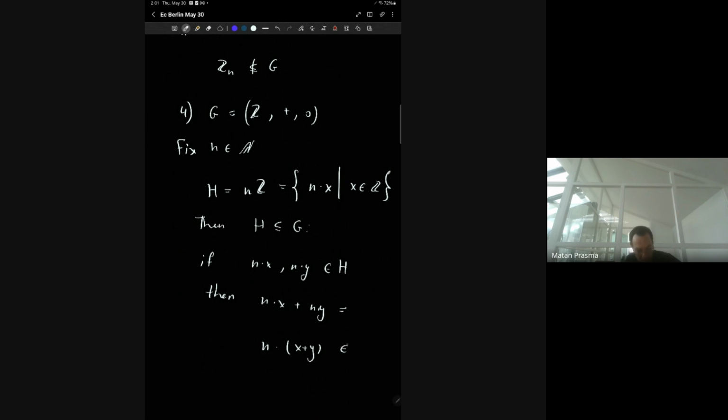Hence, it is a multiple of n again. So the set H is closed under the operation of the ambient group G. Obviously, the neutral element 0 is equal to n times 0, so it belongs to nZ.